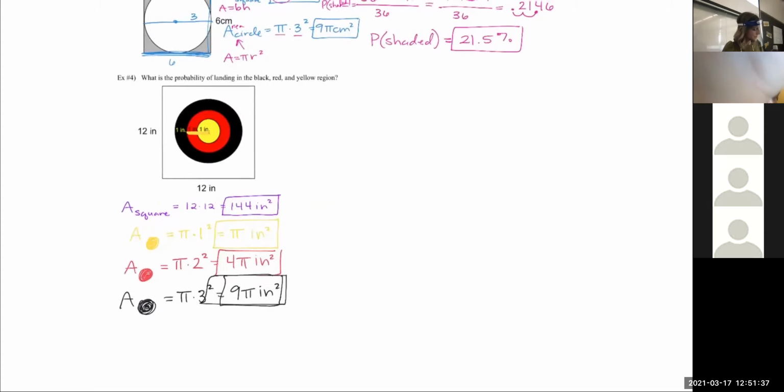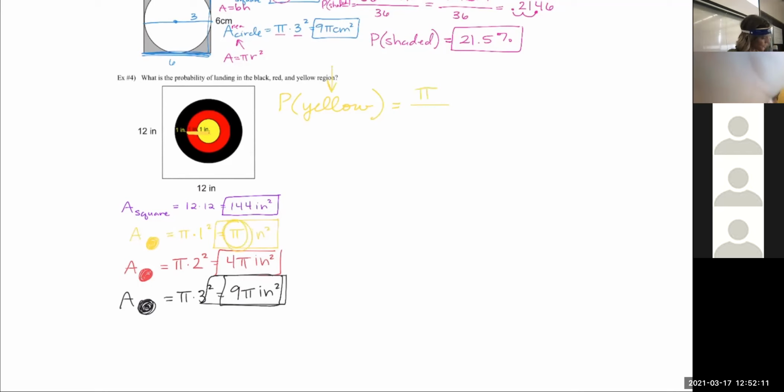Let's start with yellow, because yellow is probably the easiest one. What's the probability that we hit yellow if we throw a dart and hit this board? What's your favorable? What are we trying to hit? Remember, this is always our favorable, right? Whatever's in the parentheses is your favorable portion. So what are we putting there? Pi, yeah, just whatever the area of our yellow circle is.